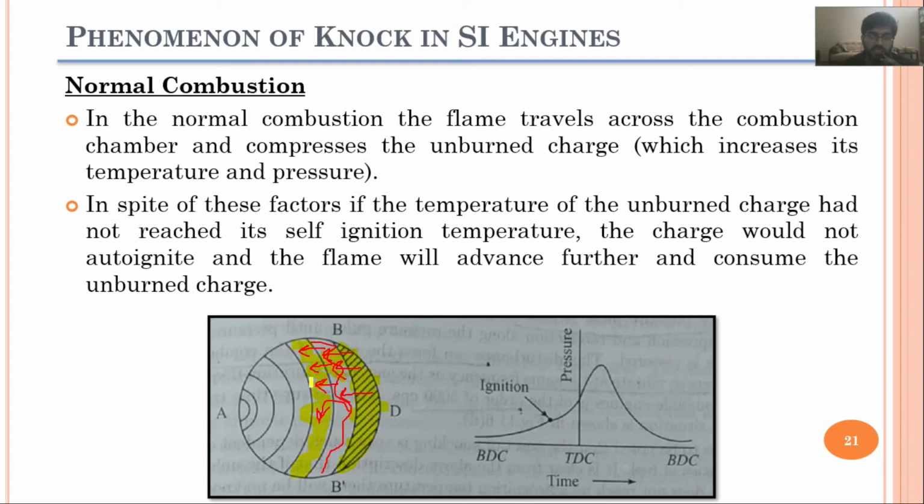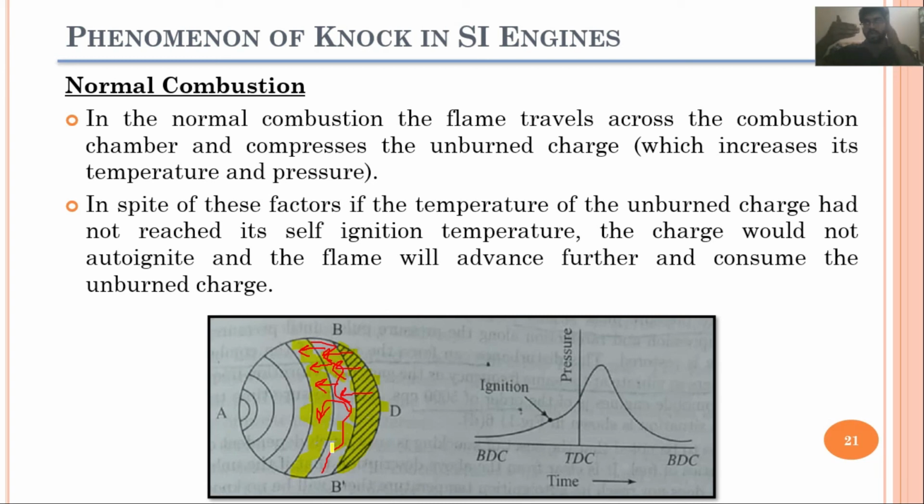The self-ignition in this layer will occur, and the second flame will be produced, and this flame will propagate in the opposite direction from where the flame of the combustion is coming.